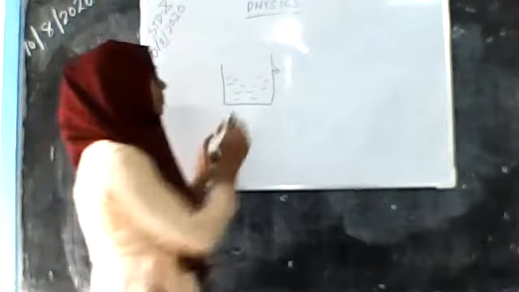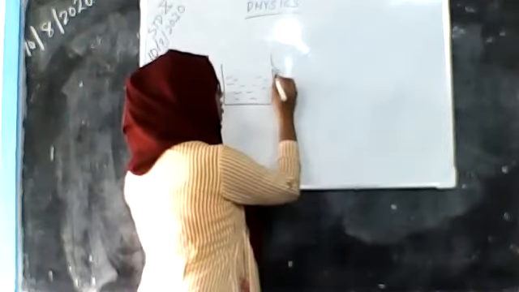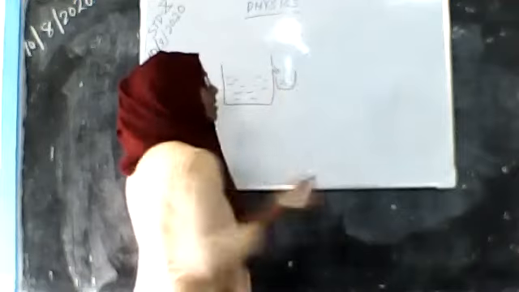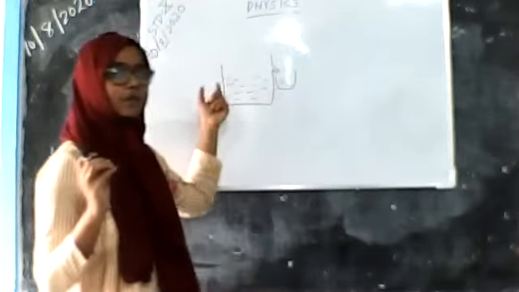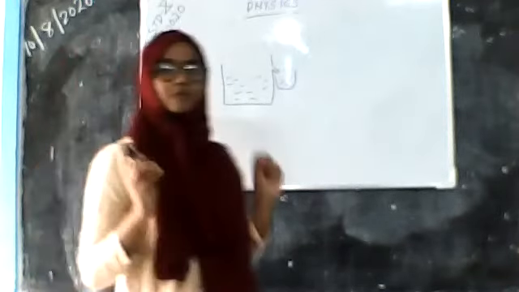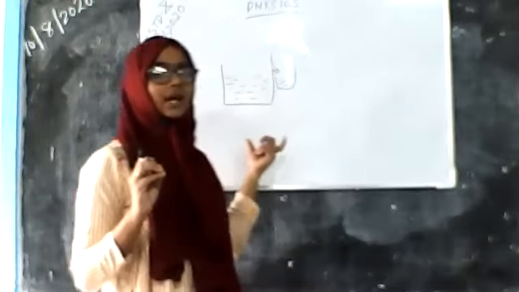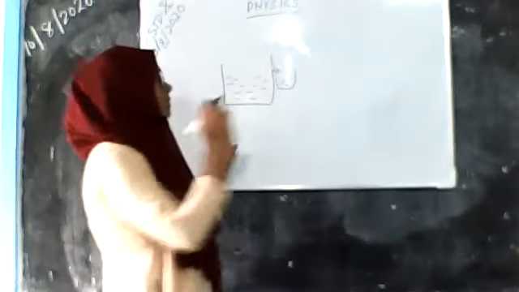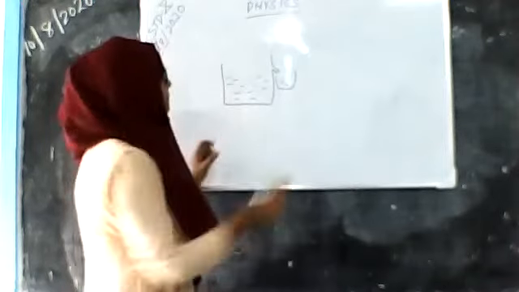We have another small beaker that is used to store the water overflowing from the first beaker. First, we immerse an object into the fluid in the first beaker.